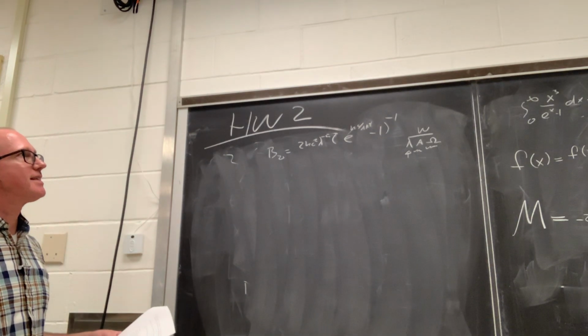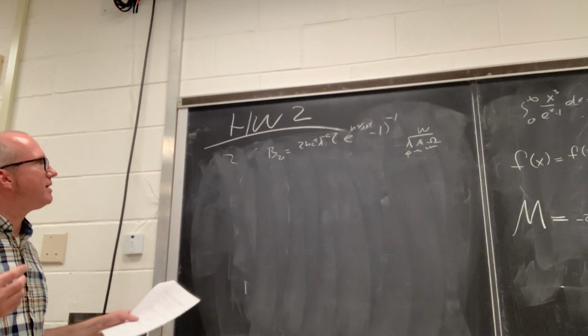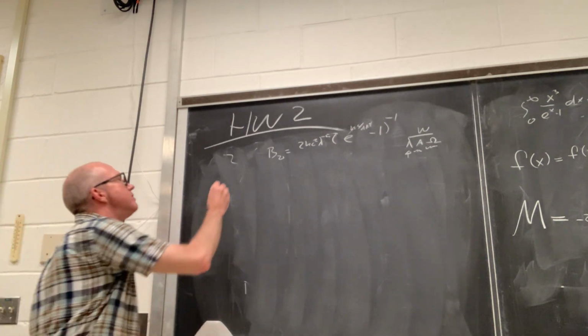So you can see that we're going to have some ugly integral that's just going to turn into a number, and that's fine. So there's 3 steps.